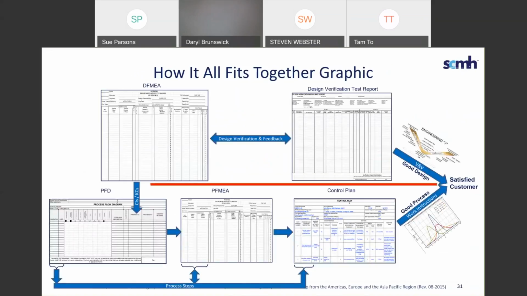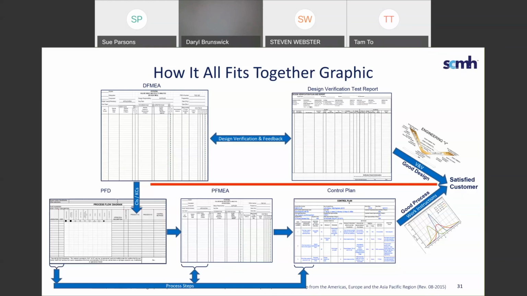Ideally, if you look at the arrow going from the DFMEA down to the PFMEA, the classification column feeds the key characteristic classification column on the process flow diagram where that feature is actually realized. So there's a product feature that has a key characteristic assigned to it by the DFMEA team.